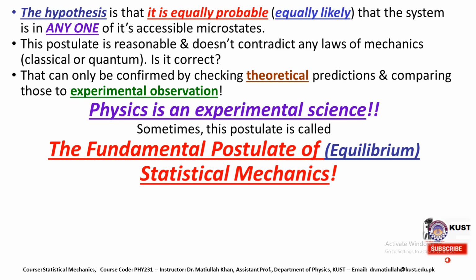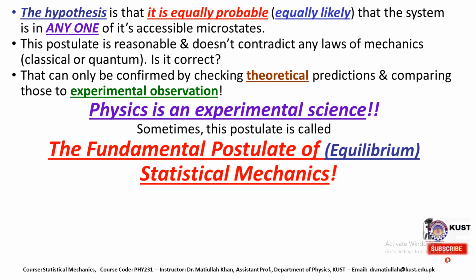And if we calculate for an object having 6 faces, we simply do the calculation 1 over 6, and that will be the magnitude of probability for that particular case. So this is the hypothesis that the system is equally likely to be in any one of its accessible microstates.